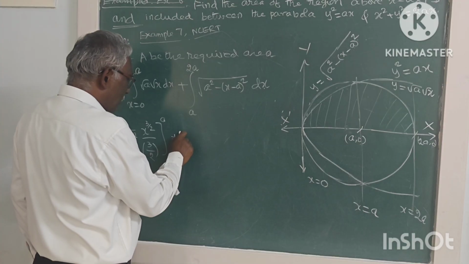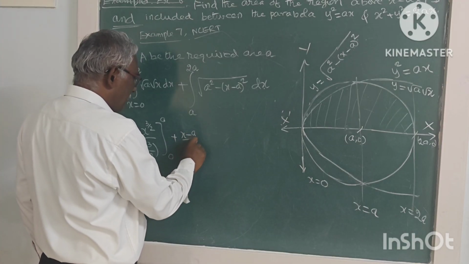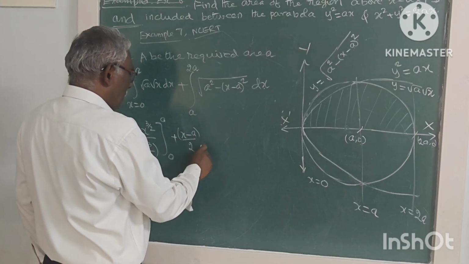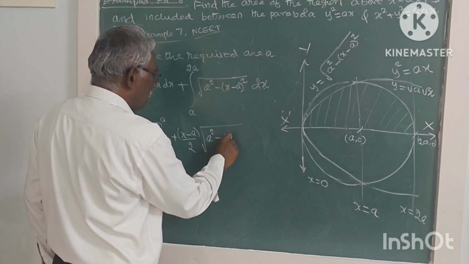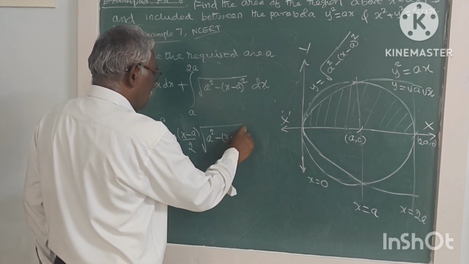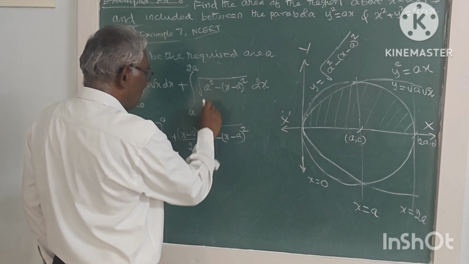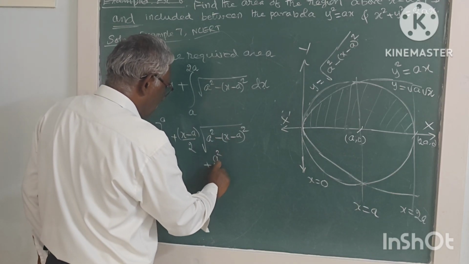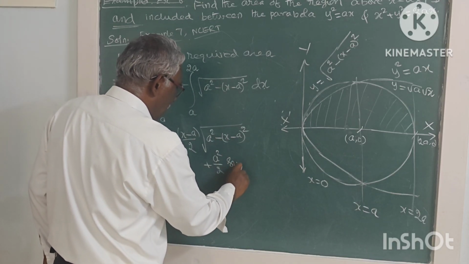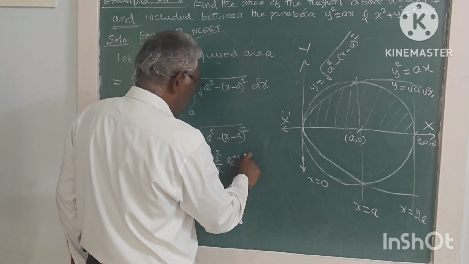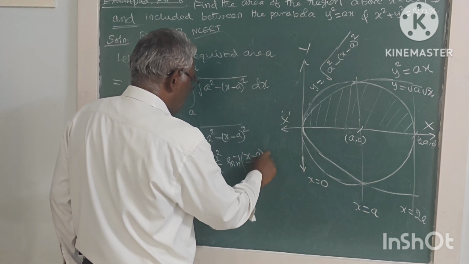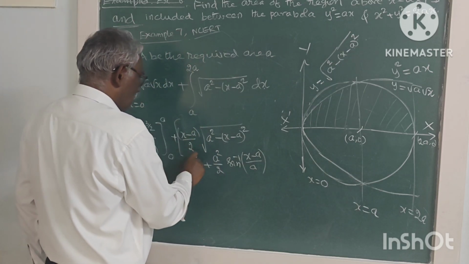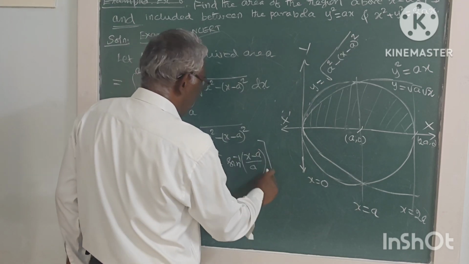So x by 2, so (x minus a) by 2 square root of a square minus x square plus a square by 2 sin inverse x by a, limit a to 2a.